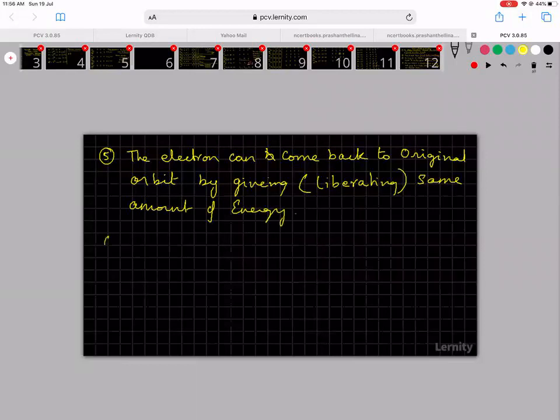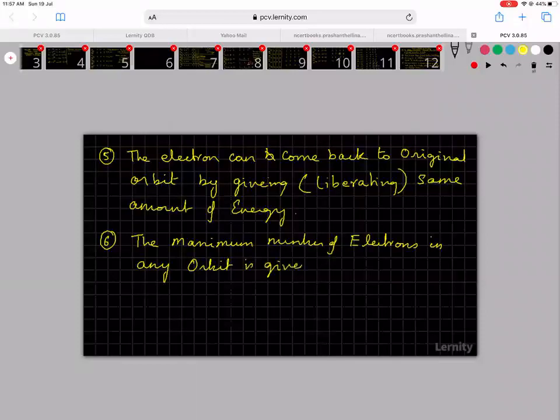Okay, then the maximum number of electrons in any orbit is given by the 2n square rule.